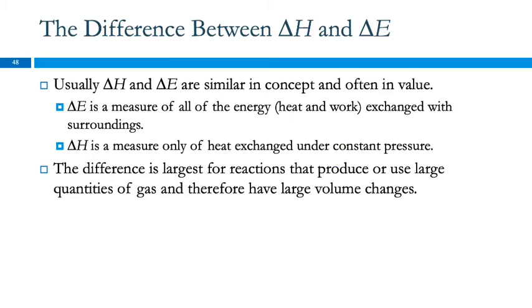So most of the time, we don't need to care about the difference. The only time the difference is significant is when you have reactions that either produce large quantities of gas or consume large quantities of gas, and therefore the change in volume is really big. But most of the time, we don't have to worry about that.